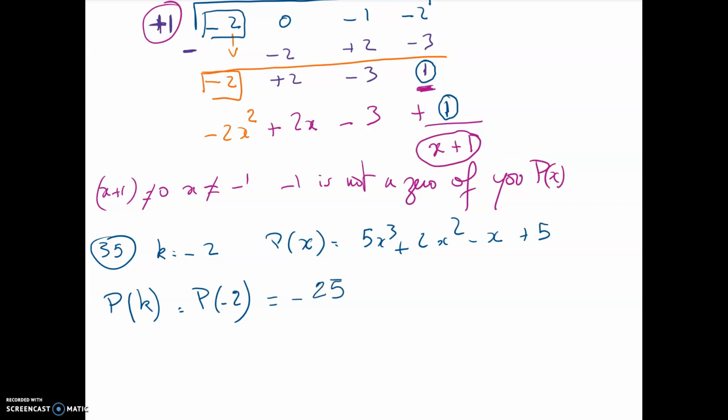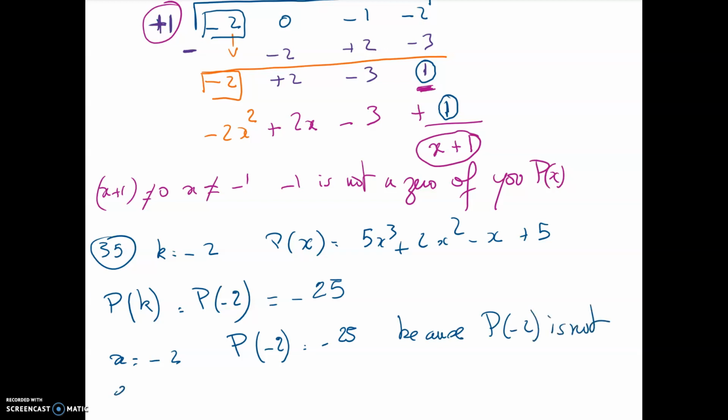And what does that mean? That means when x equals -2, your polynomial p of -2 is equal to -25. Well, for sure, it's not equal to 0. And because p of -2 is not equal to 0, -2 is not a 0 of your polynomial p of x.